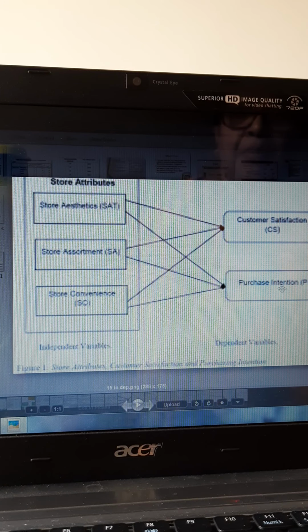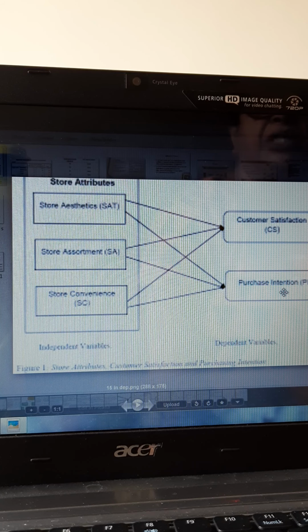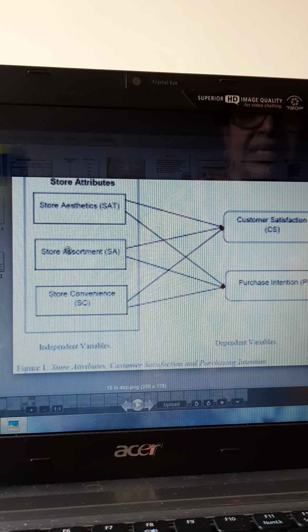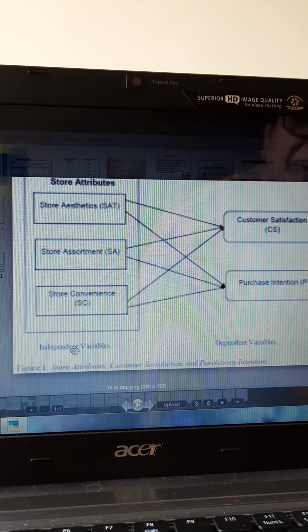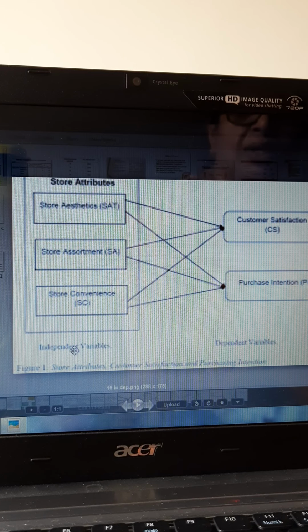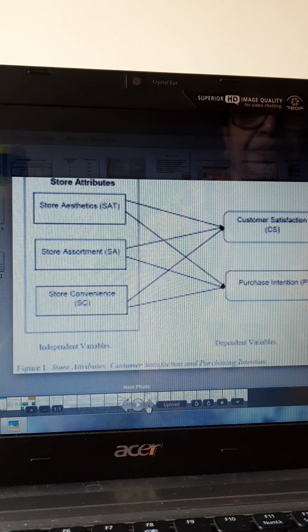One more, purchase intention, to buy from the shop or not, again is dependent on store aesthetics, assortment of store, store convenience. You can keep adding more independent variables. What else will you add here? Price, promotional strategies used by the store. Like that you can add many independent variables.